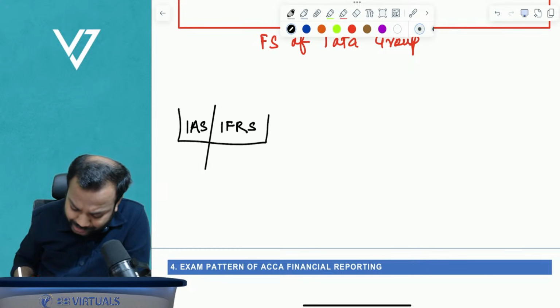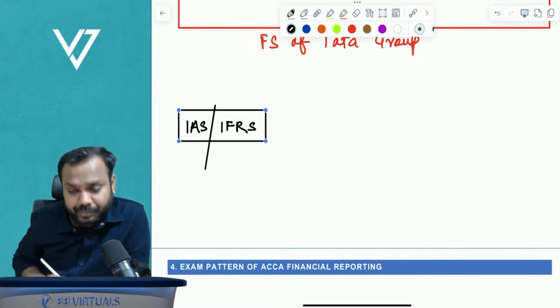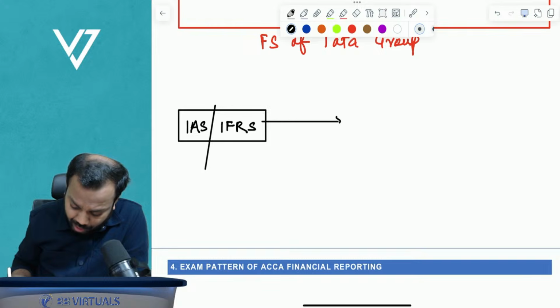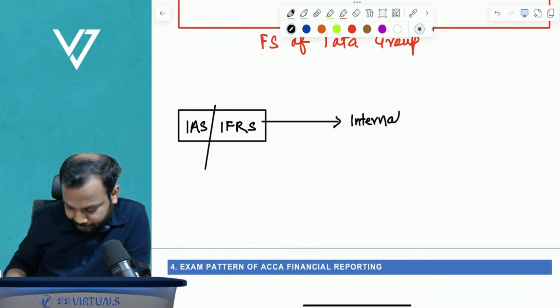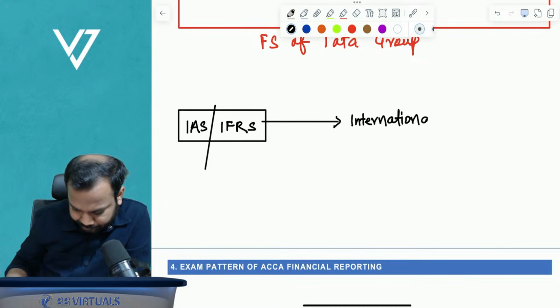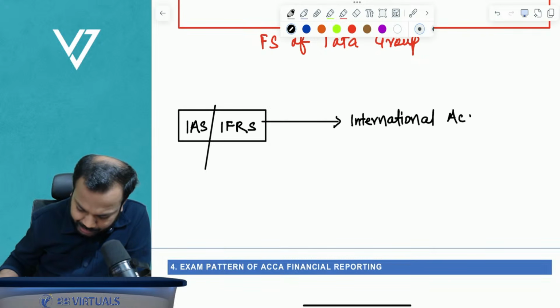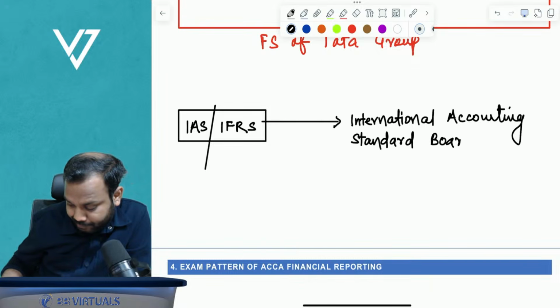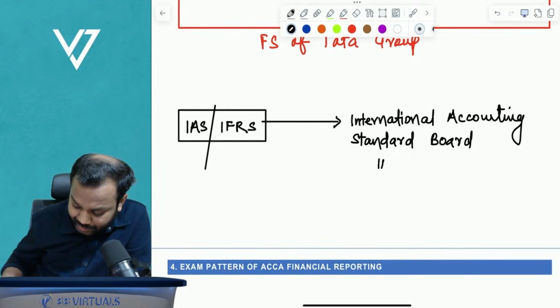There is a body called the International Accounting Standards Board, which we will refer to in our class as IASB.